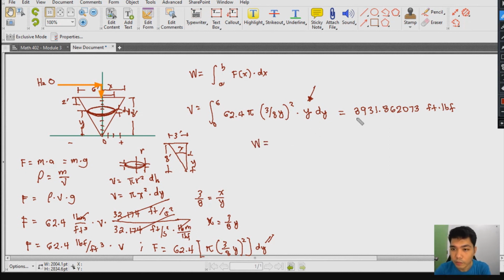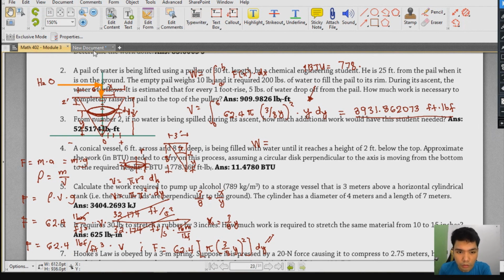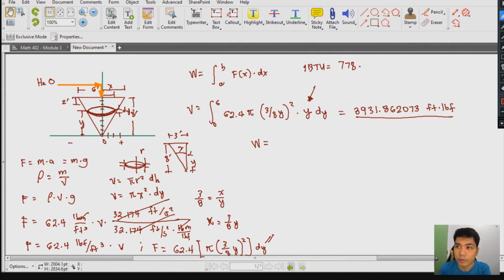So we have to divide this by the factor for British thermal units. 1 BTU is equal to 778.169 foot-pound force. So we divide this by 778.169 foot-pound force per British thermal unit.